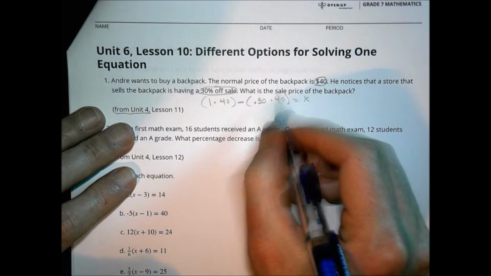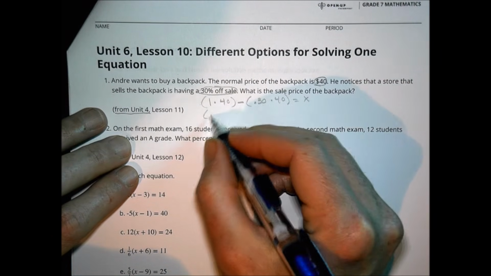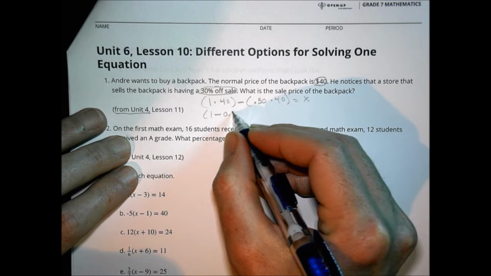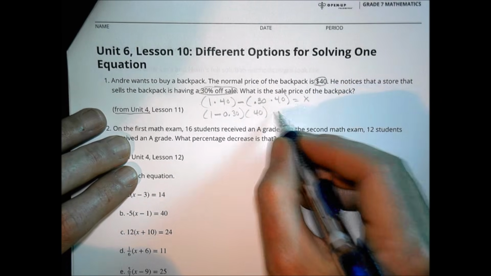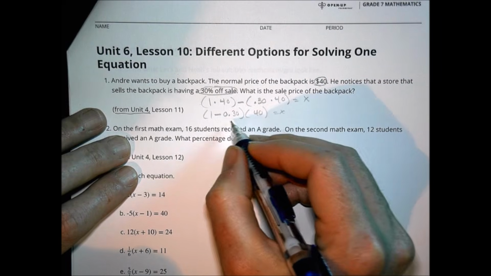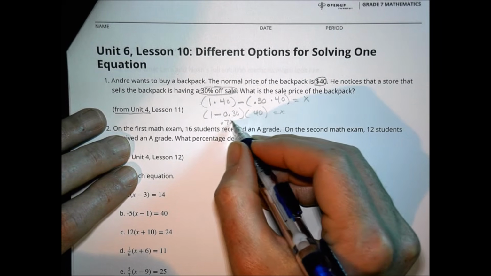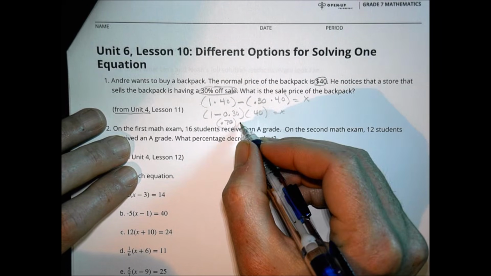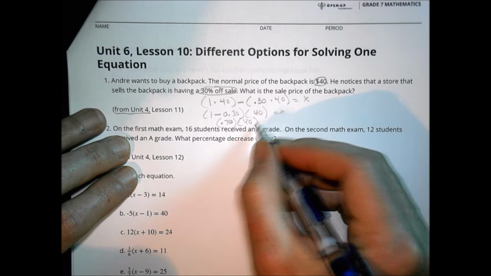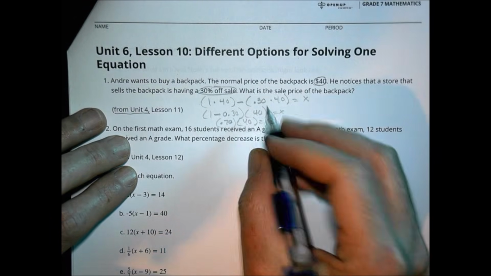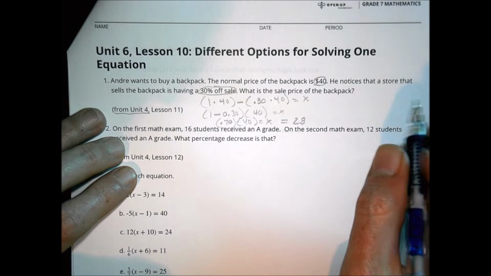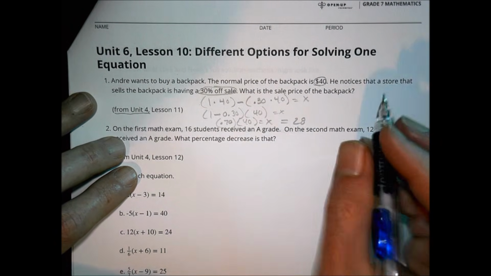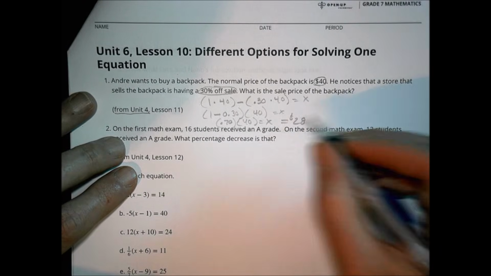I can then rearrange this to 1 minus 0.30 times $40 equals x, and 1 minus 0.3 is 0.70, or 70%, times 40 equals x, and 0.7 times 40 is equal to 28. So the sales price of the backpack is $28.